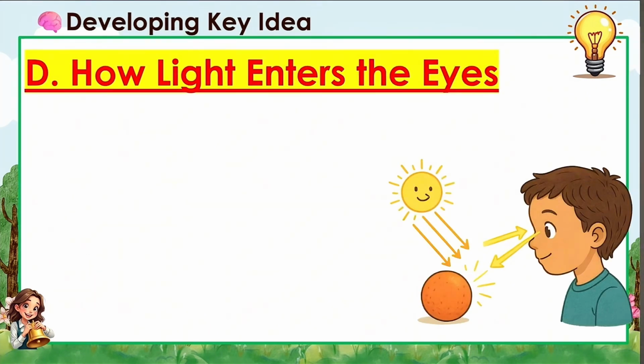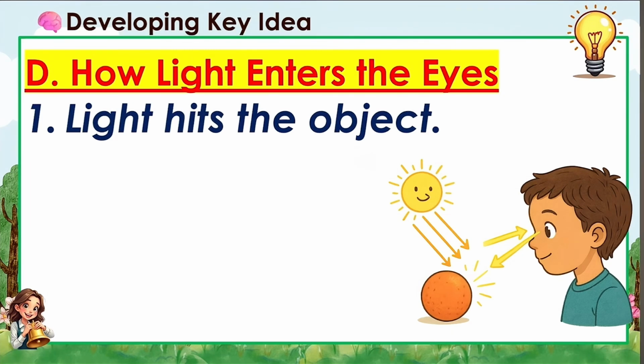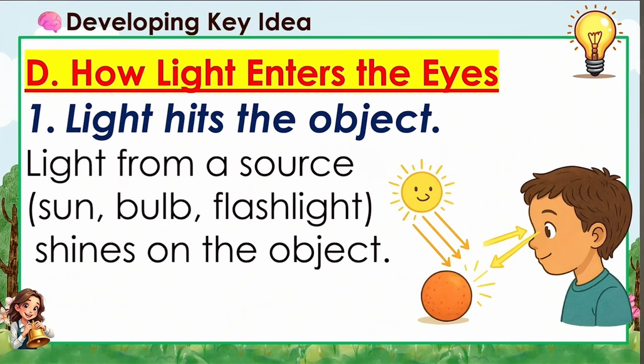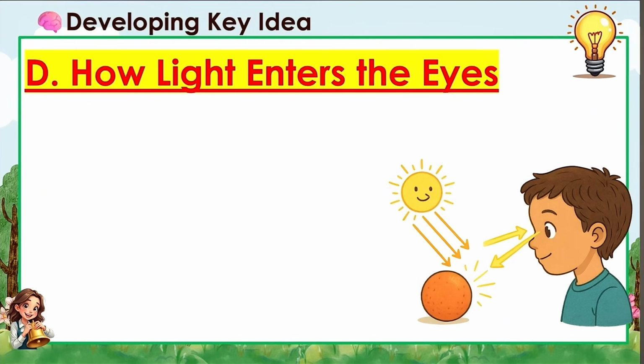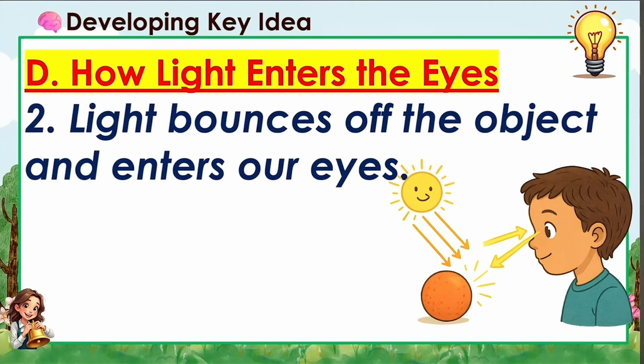D. How light enters the eyes. So 1. Light hits the object. Light from a source, it could be the sun, a bulb, or a flashlight, shines on the object. 2. Light bounces off the object and enters our eyes.